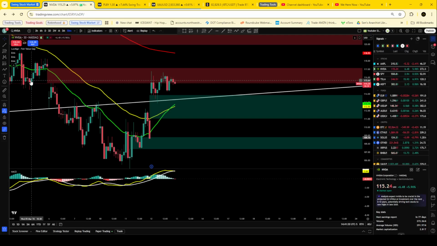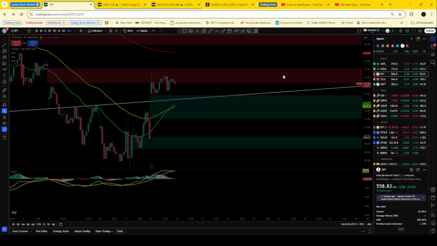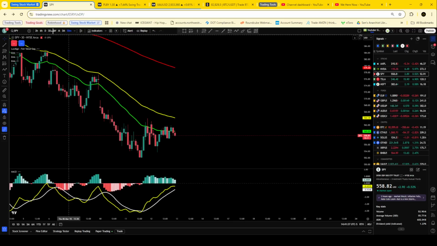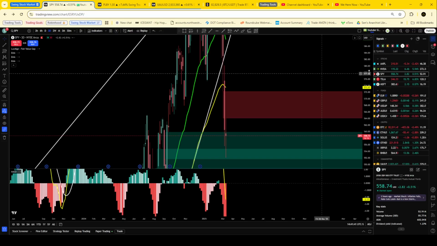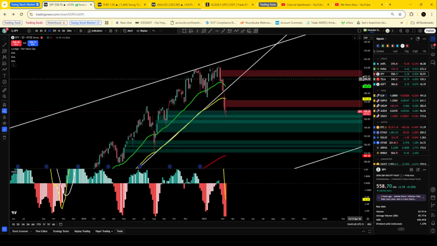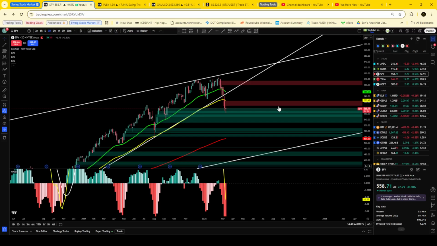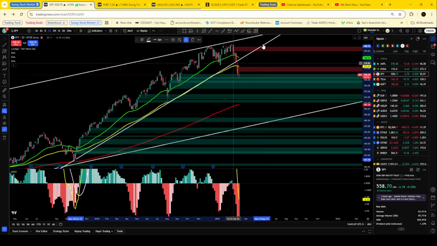SPY looks like a head and shoulders on the 2 hour. Of course, let's just make sure to move out these trend lines.